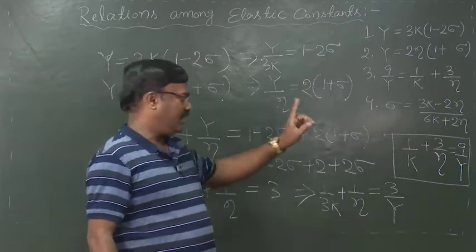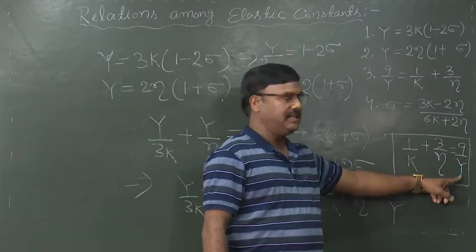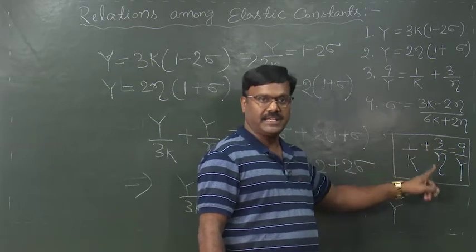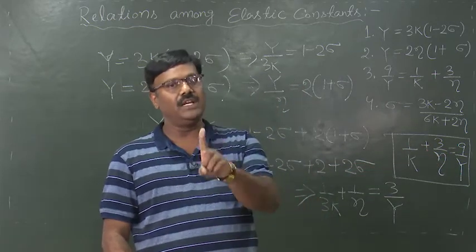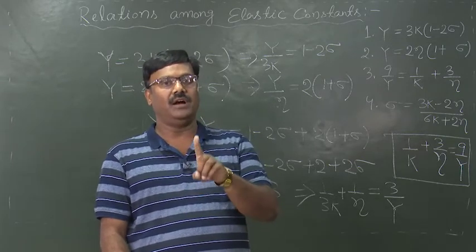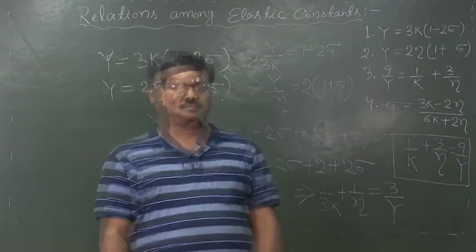So the relation 9 by Y is equal to 1 by K plus 3 by eta is the only relation among the different moduli of elasticity.